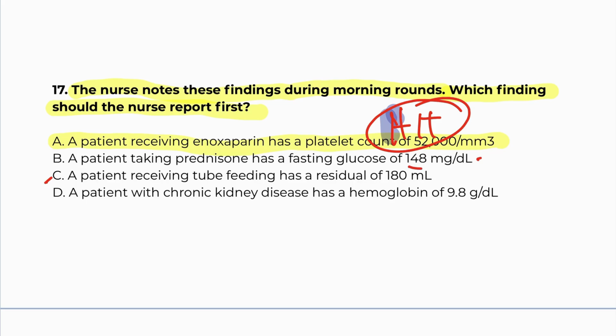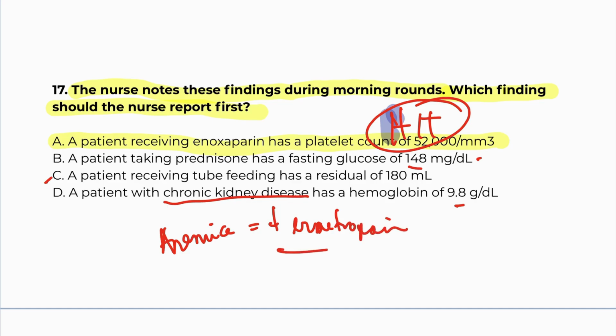Prednisone or steroids can cause hyperglycemia. This one is also expected. Patients who have chronic kidney disease tend to have anemia, due to decreased production of erythropoietin, decreased level.